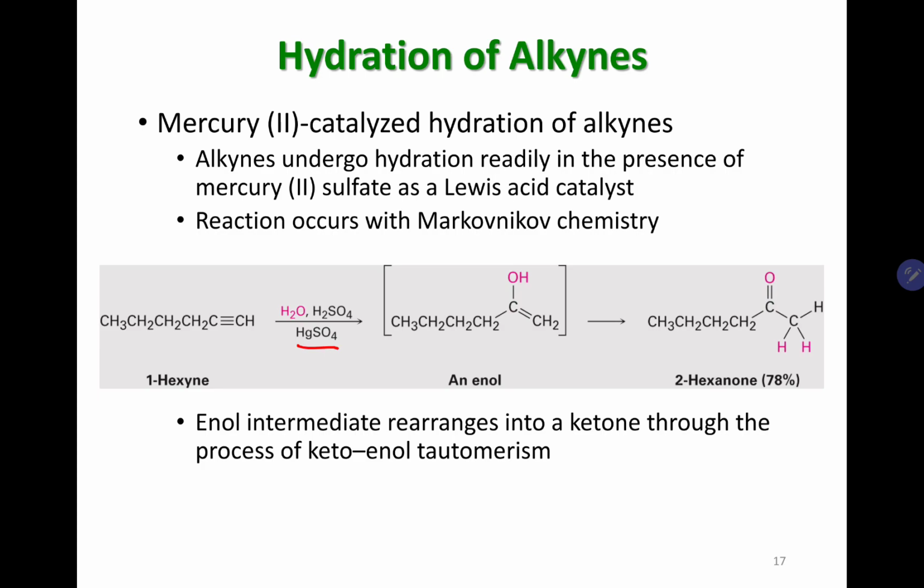If the two carbons have a different number of hydrogens, like in a terminal alkyne, we can categorize them as rich and poor.